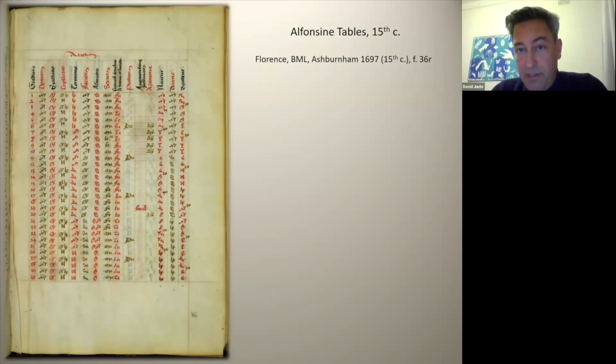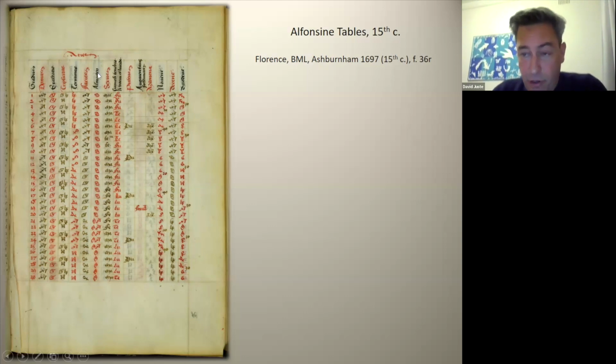A similar sort of table is found in a manuscript of the Alphonsine Tables, 15th century. You have again for each sign, this is only the first page corresponding to Aries, the 30 lines corresponding to the 30 degrees. Then you have the planetary symbol for each of the 5 dignities.